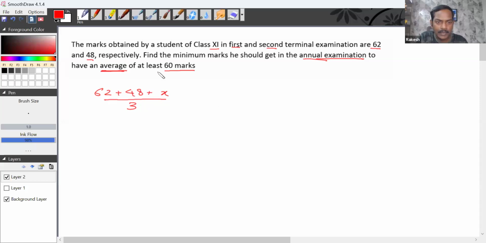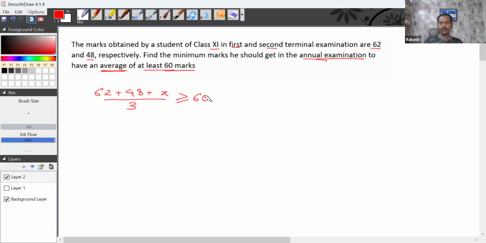Now this average has to be at least 60. What do I mean by at least 60? At least 60 means the minimum average has to be 60. The average could be more than 60 also, that is also part of the solution, but it should never be less than 60. So mathematically, how do I interpret it? This average has to be greater than or equal to 60. If you haven't understood it, just rewind this video for this particular question and watch again.